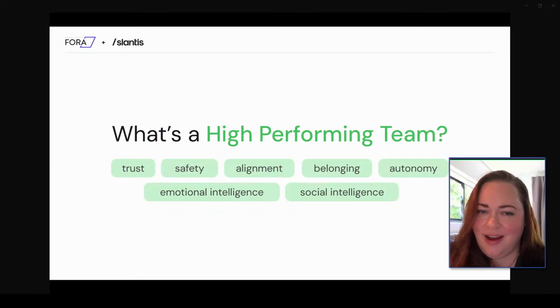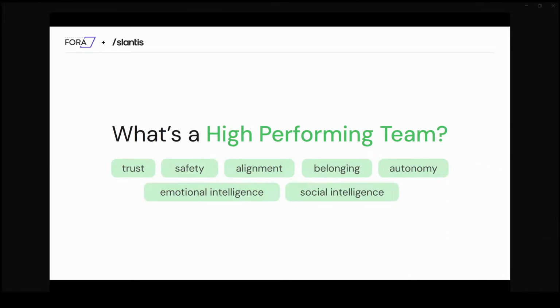You'll notice that these are the fundamental qualities of healthy human connection, and not necessarily about technical expertise. It's this ability to feel safe and relate to one another that leads to a high performing collaborative team. And it's not just about feel-good emotional, social intelligence.